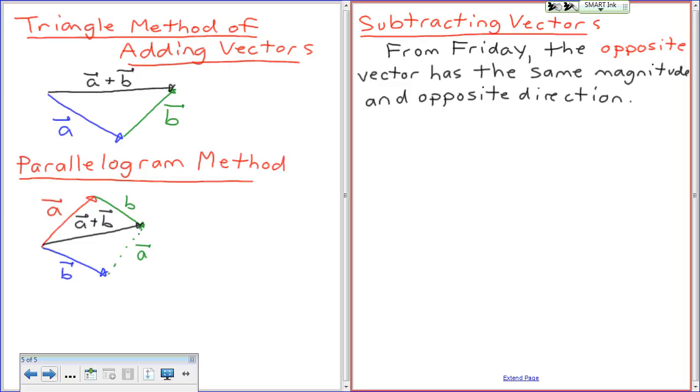So we're going to say, to subtract u minus v, we change it.